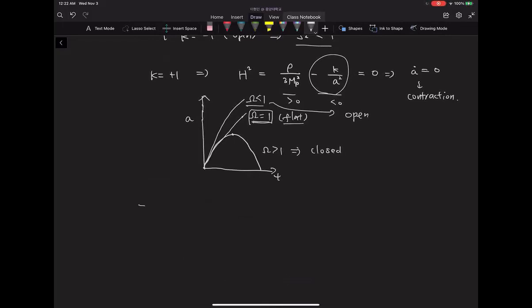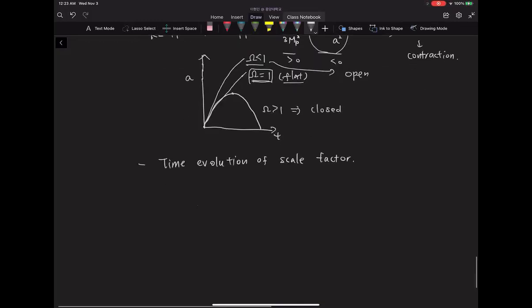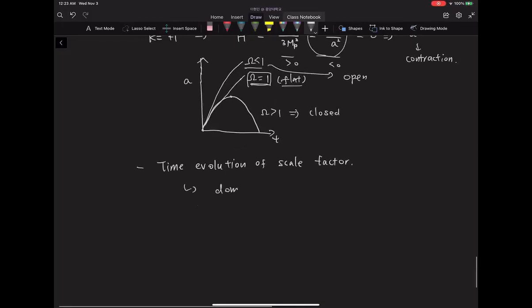And the next thing is the evolution of the energy density or the scale factor as a function of time. It depends on what the dominant energy component is.